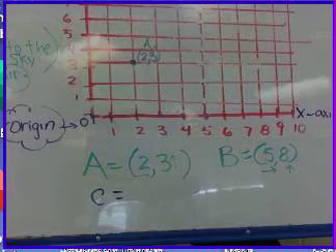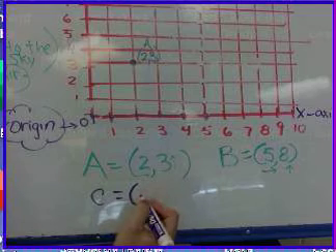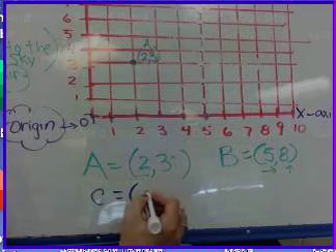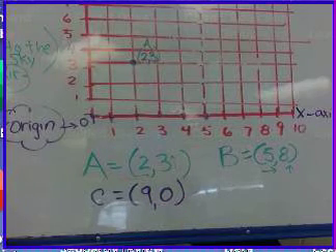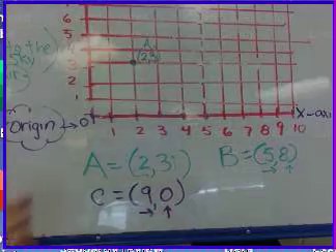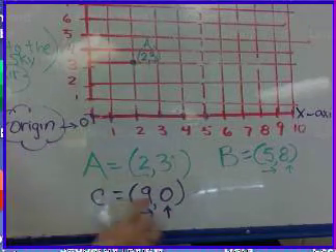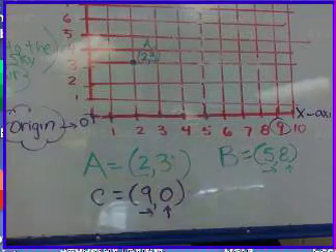Okay? We will do one more ordered pair, and I'm going to label this one C. My C ordered pair is going to be, let's go with 9, 0. X to the right, y to the sky. So in this case, I'm looking for 9. So I go over to 9, and I'm here. There's my 9.